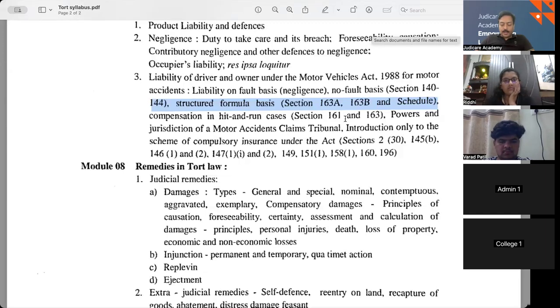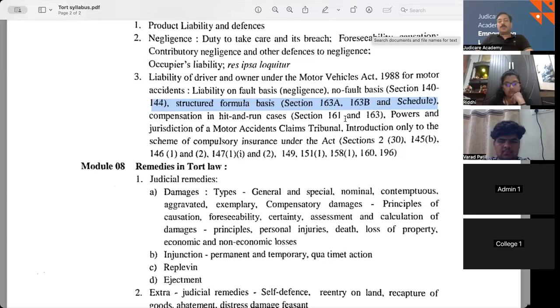So basically what it says is that in such cases, whatever the compensation is for the hit and run case, there are a couple of key elements around that. The key elements are given under section 161, which is a special section for hit and run. It talks about when the compensation happens, what is a hit and run case, what is a grievous injury, and what is the provision.